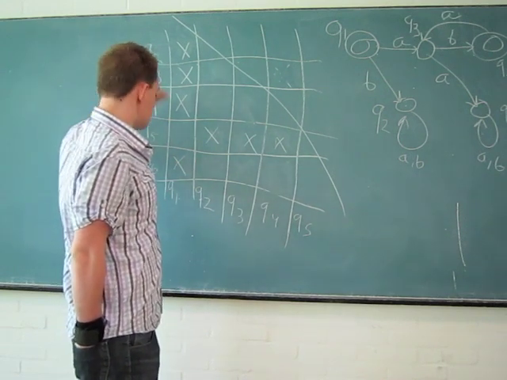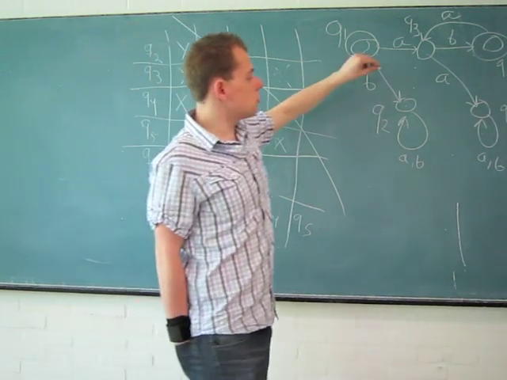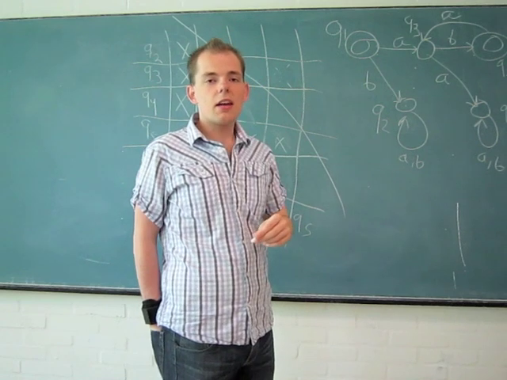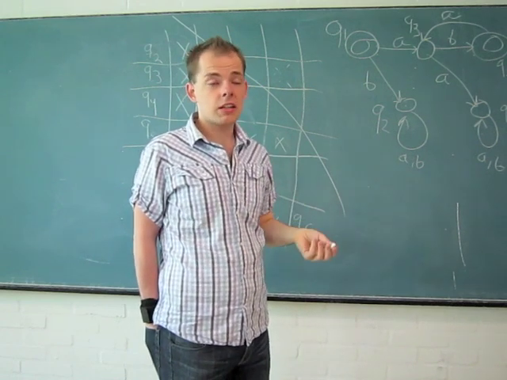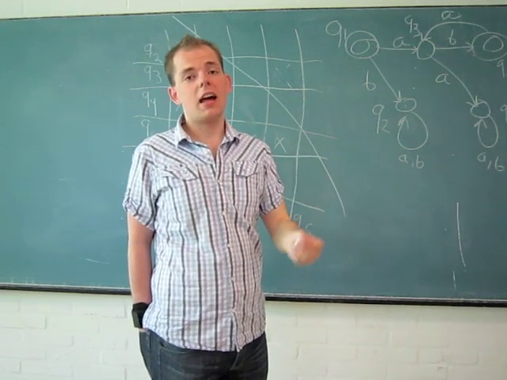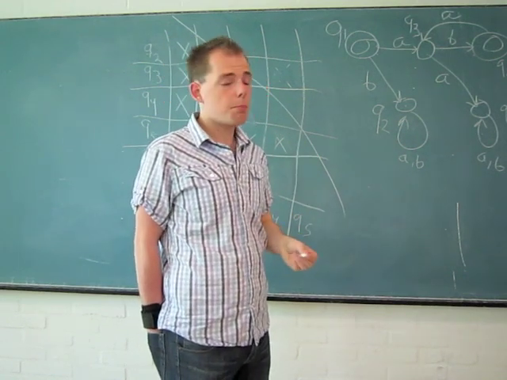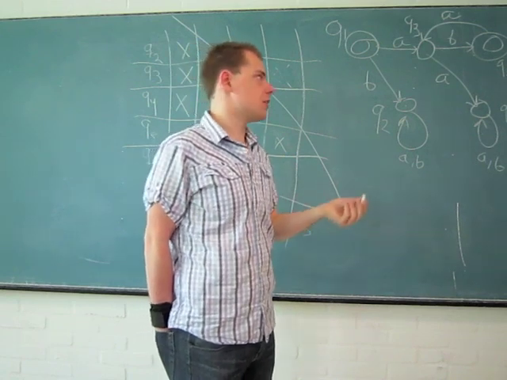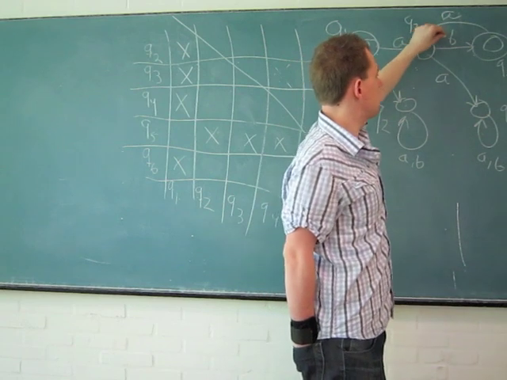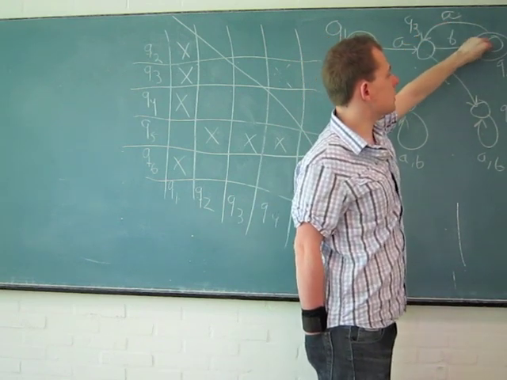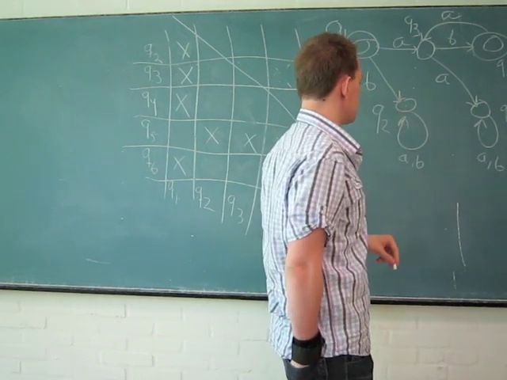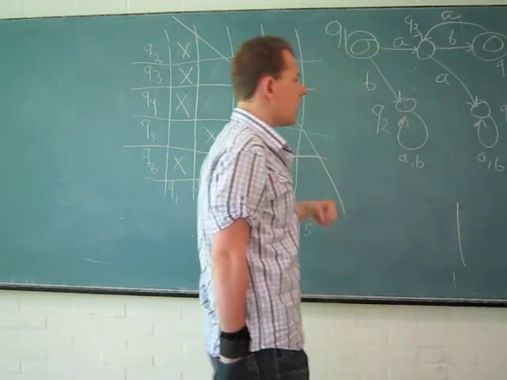Let's do Q3 and Q2. What we're going to do is look at each state and try to find an input string where one of them goes to an accepting state and the other does not. If we can find that, they are different. So let's look at Q3, and first let's take the input string B. We get to an accepting Q5. If we go to Q2, we can use all the B's we want and get to the same place. So they are different.